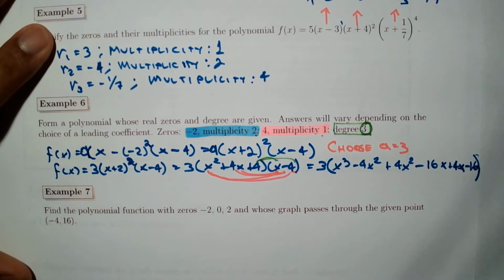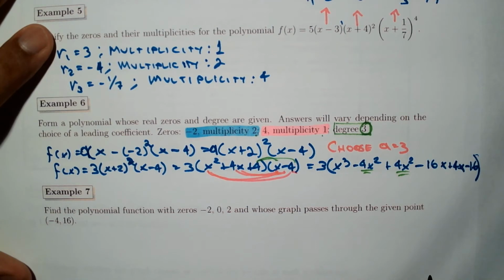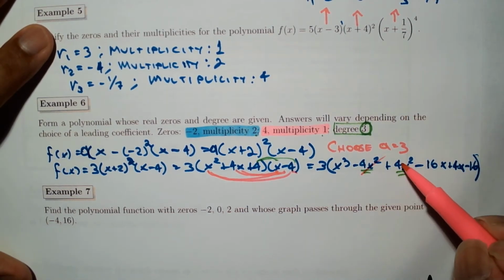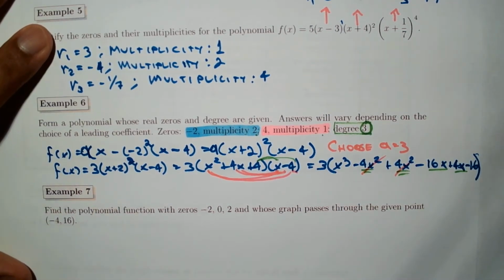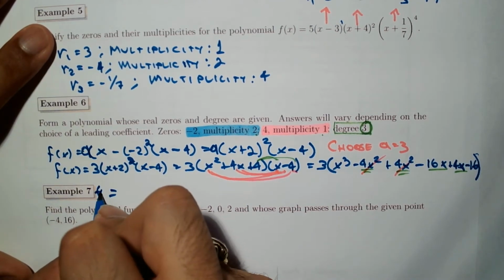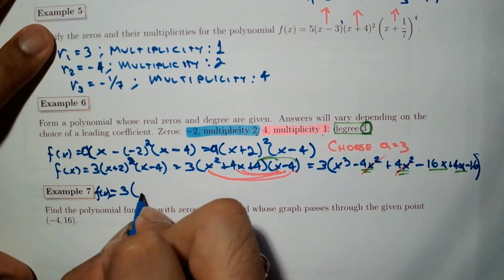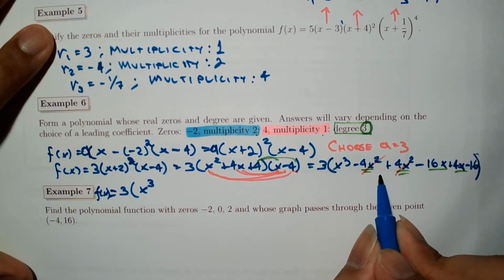I'm going to close parentheses and combine like terms inside. Squares with squares, in fact, these cancel out. And first powers with first powers, I'm going to get the following. f of x equals 3 times x cubed. No quadratic terms.